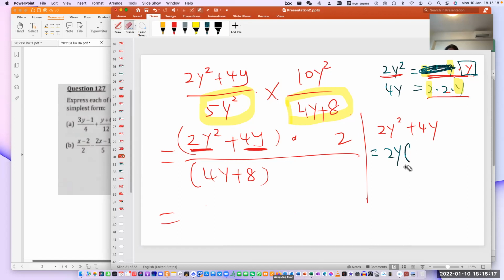One more time, this is very important. You expand 2y squared and 4y into this format first. Once you expand it, you see that they both have 2y, so you take out 2y. From the 2y squared, you have y left, and from 4y, you're left with 2.